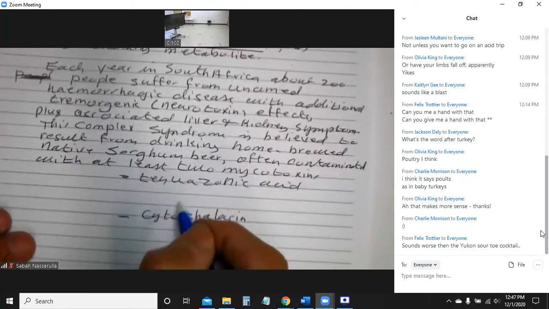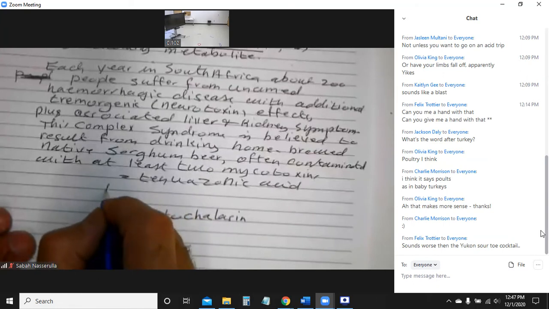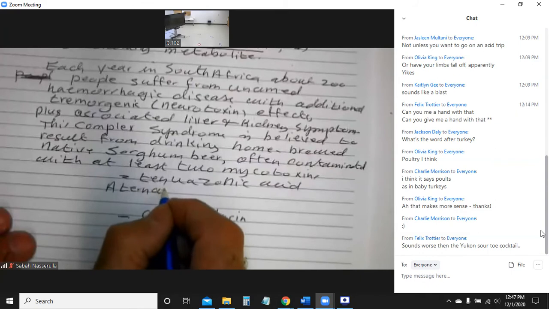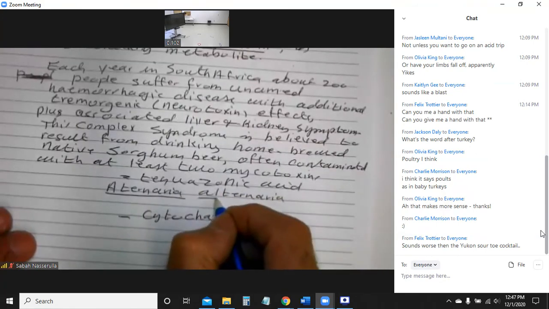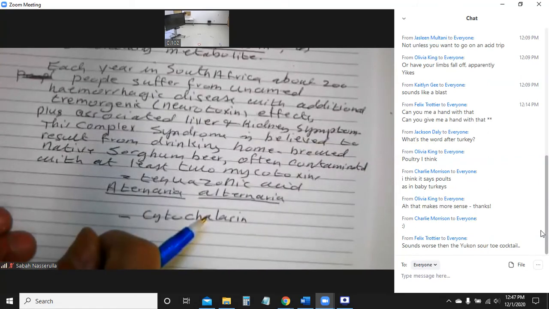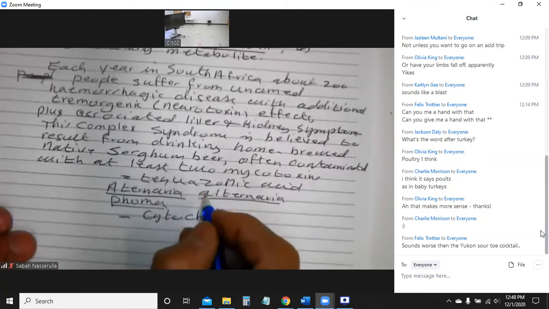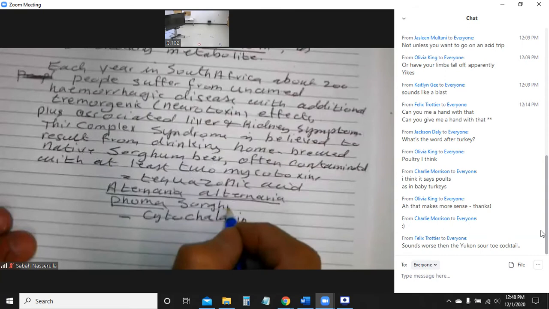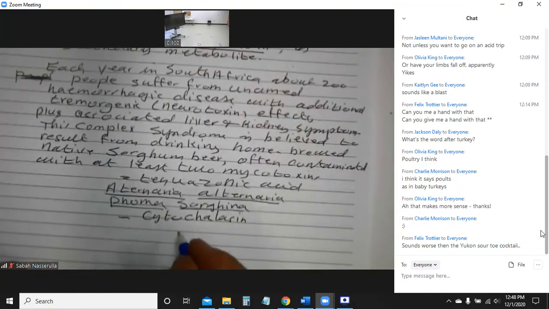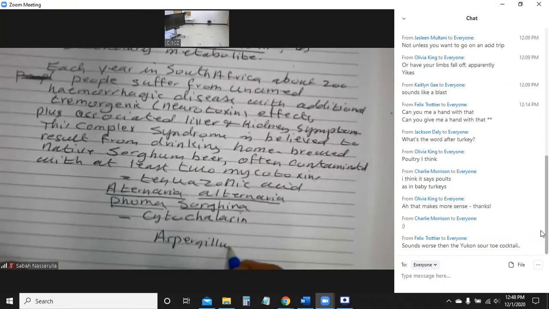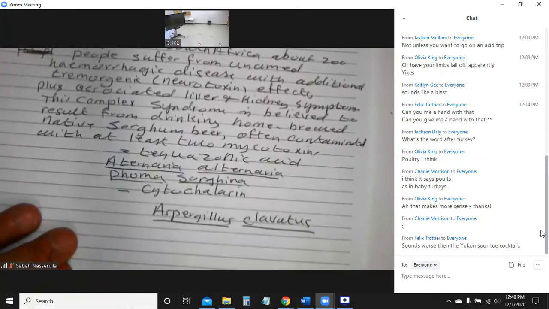Now this one here, tenuazonic acid, if I am cut off, I will repeat again. It is produced by two fungi: by Alternaria, one species here, and also by another species known as Phoma sorghina, which also grows on sorghum. So tenuazonic acid is produced by these two fungi, and cytochalasin is produced by the Aspergillus fungus, known as Aspergillus clavatus.